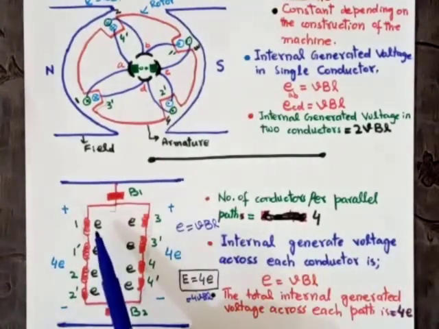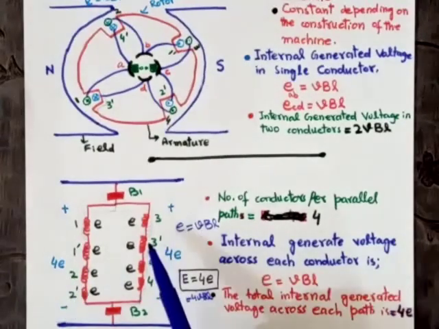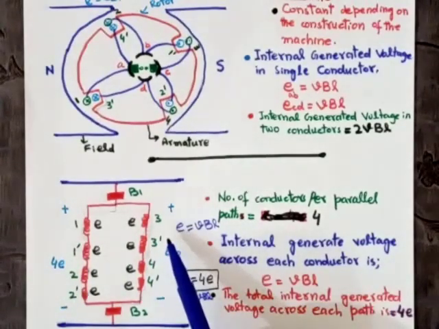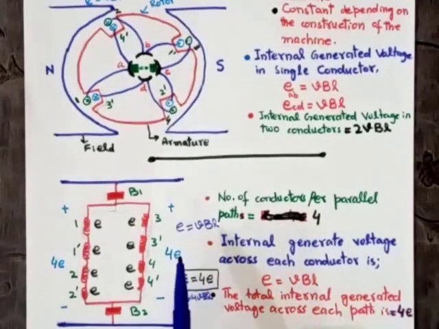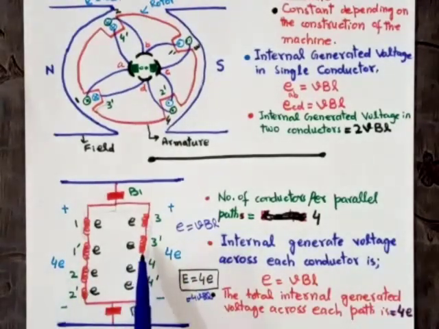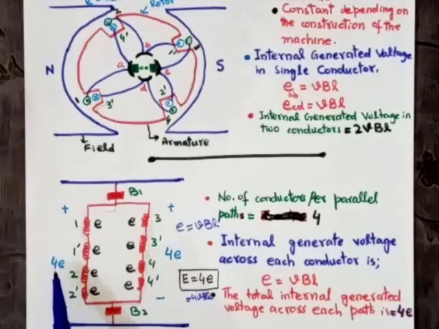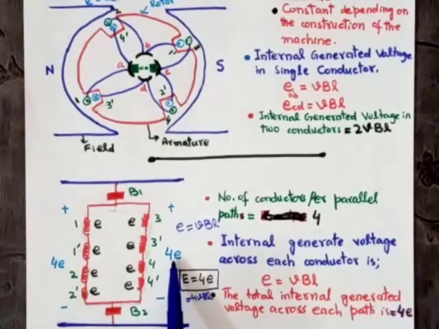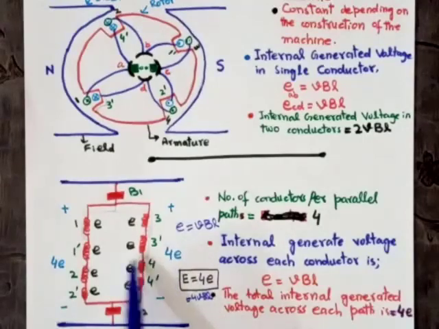There are 4 conductors across path 1 and 4 conductors across path number 2, but these do not add up. Here the total voltage will not be 8E, because these are parallel connections.